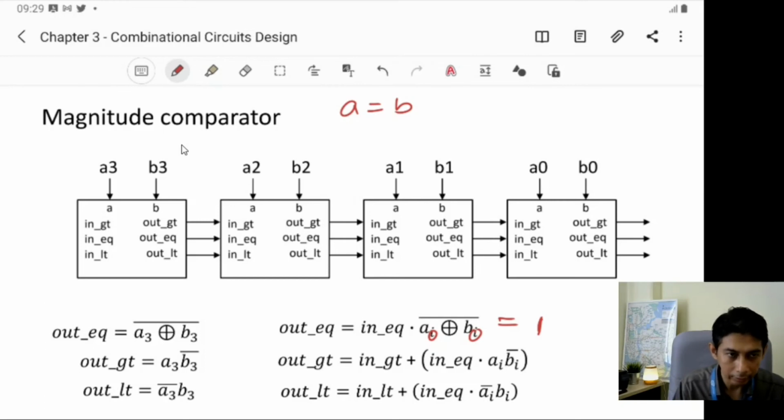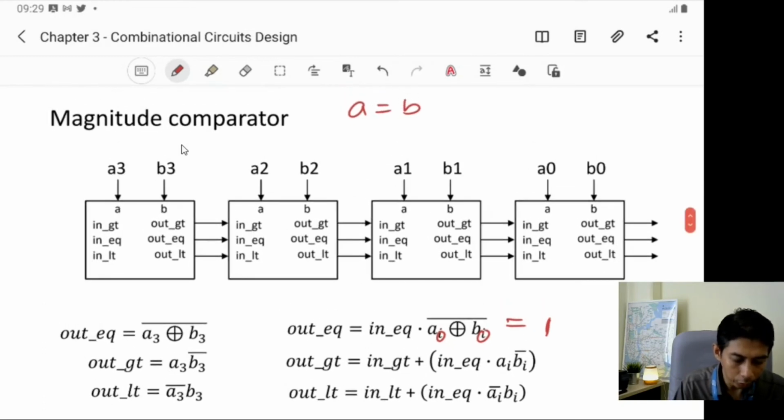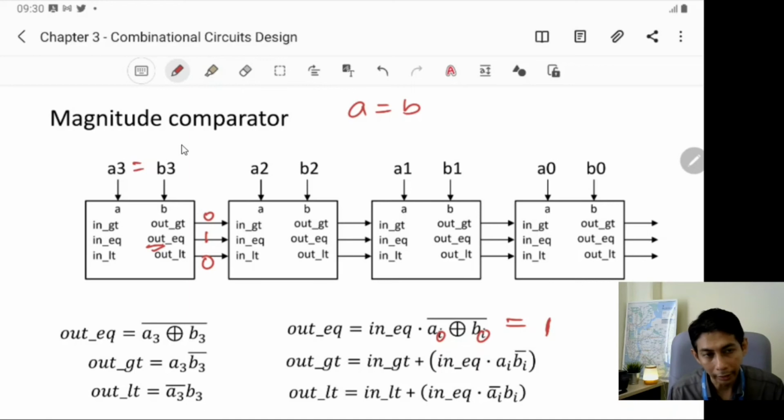All right. So to know whether A equals B or not, it means that for the first bit, A3 and B3 are equal. So the output here must be equal, must be equal to 1. The rest should be equal to 0.